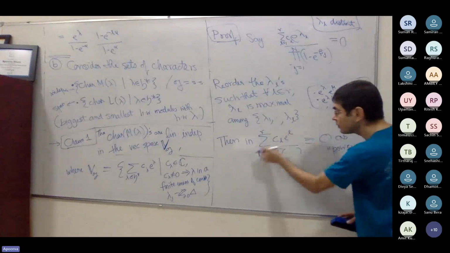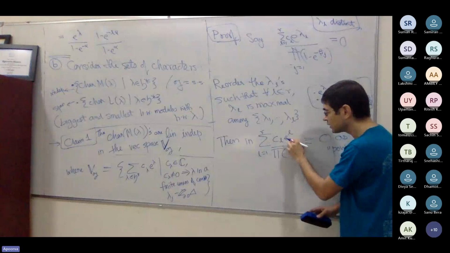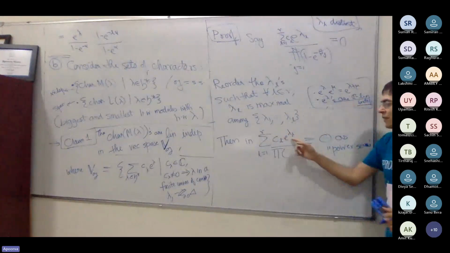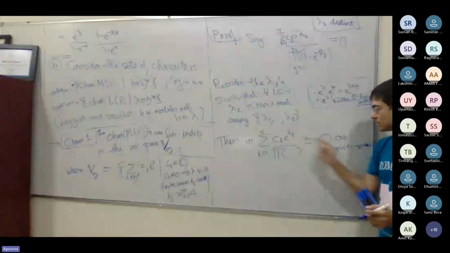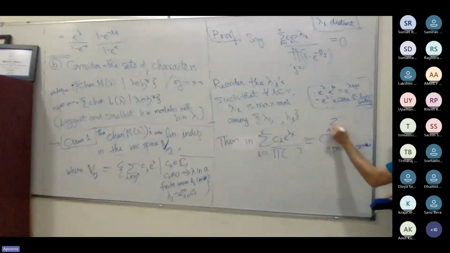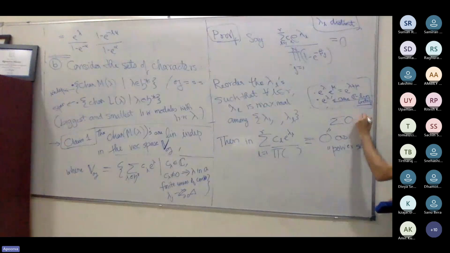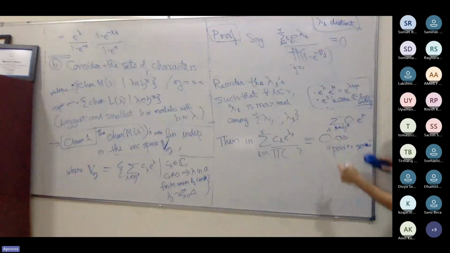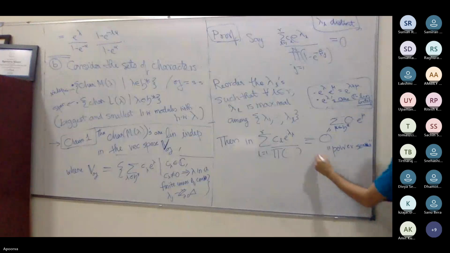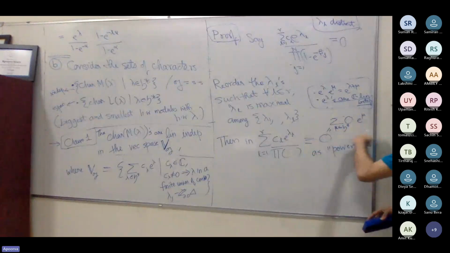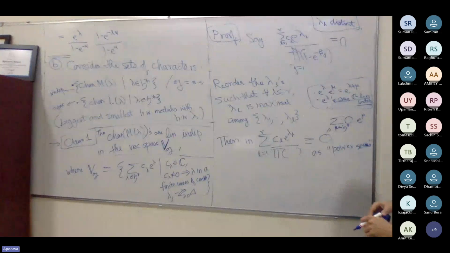So coefficient by coefficient, the coefficient of every e to the anything is 0 on the left-hand side because it is 0 on the right-hand side. This is equal to the summation of 0 times e^mu in h star. Therefore, these two power series are equal, coefficient by coefficient, monomial by monomial.